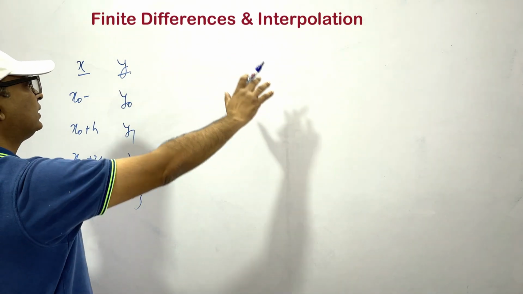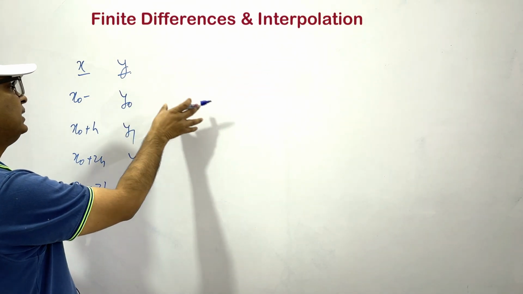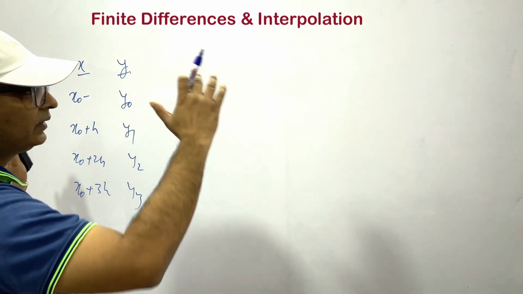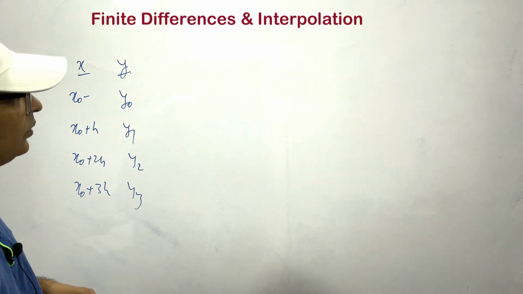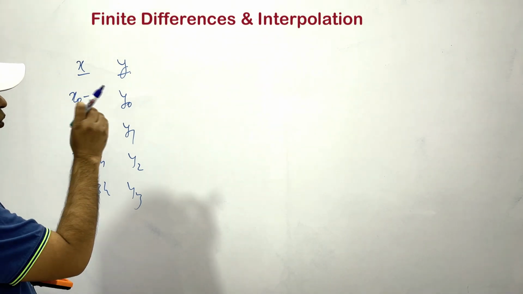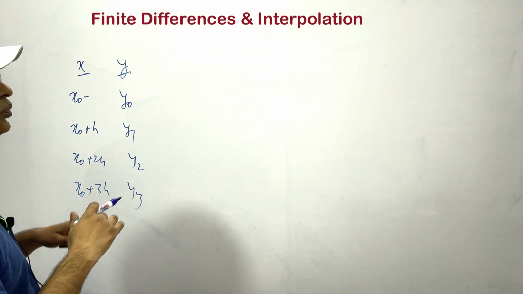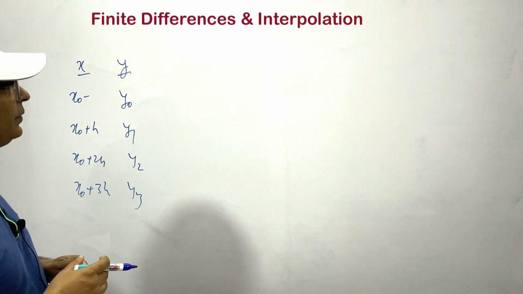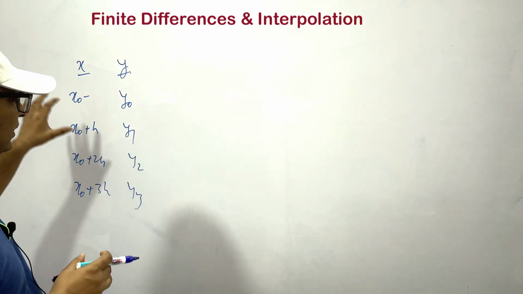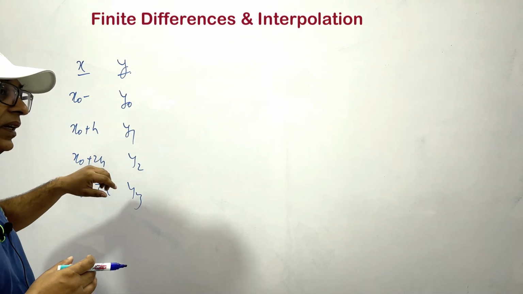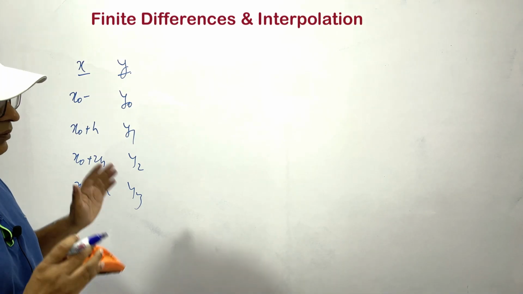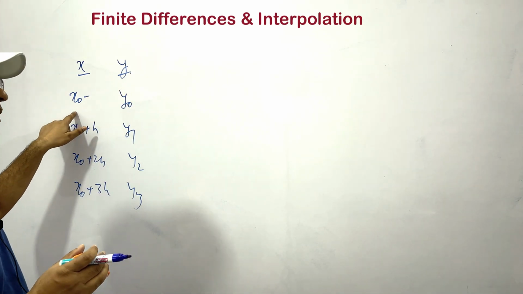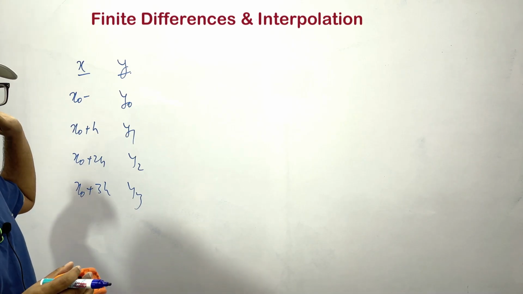Then we construct a table where we take finite differences, let's say this minus this, we create a whole table. Then we use these values to actually find a polynomial wherein these figures are used, and from where we are able to interpolate the value of y at some value of x which is not given in the table.